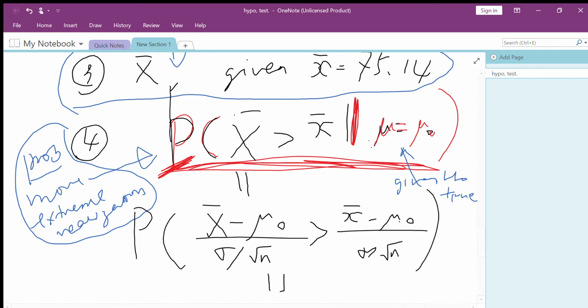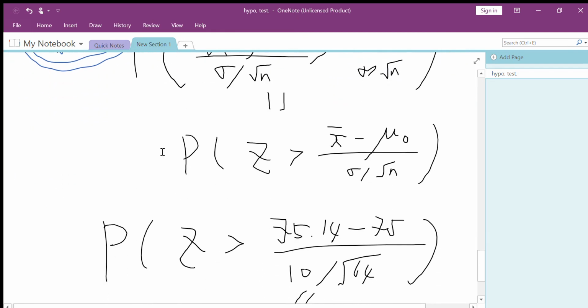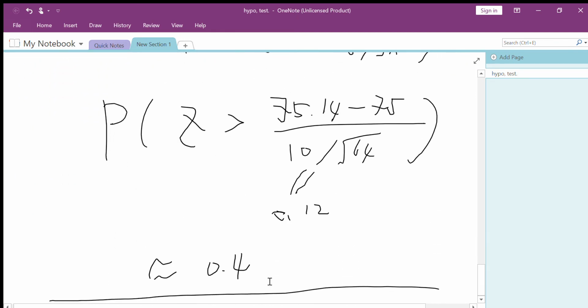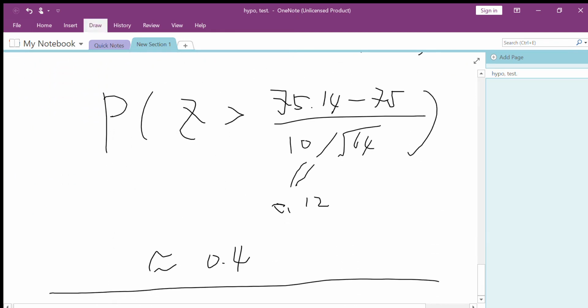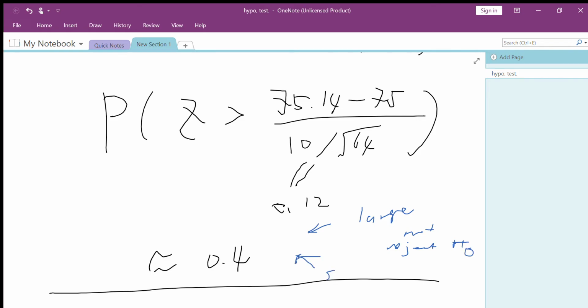If this probability is large, we do not reject H0. If small, reject H0.